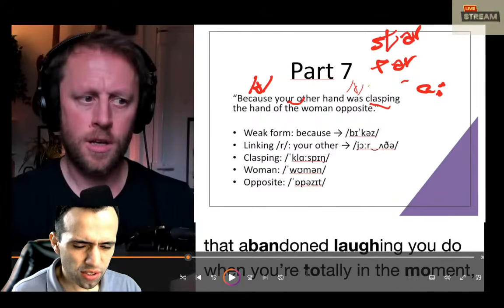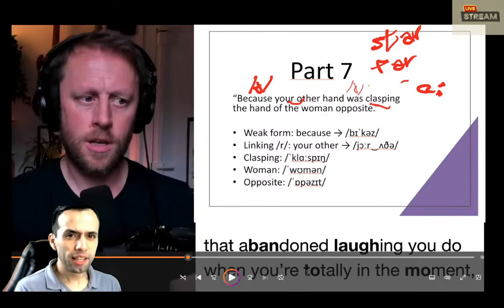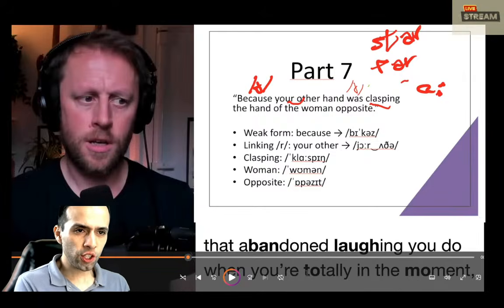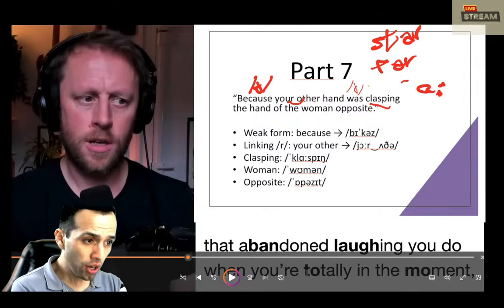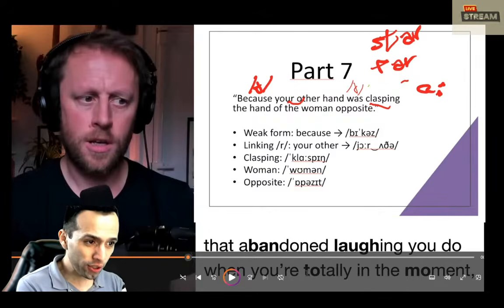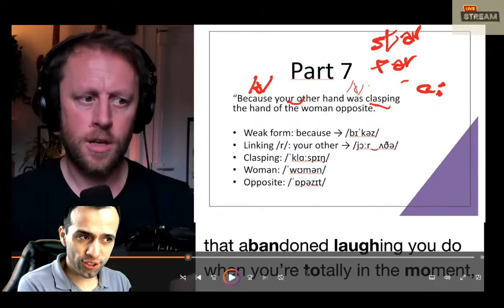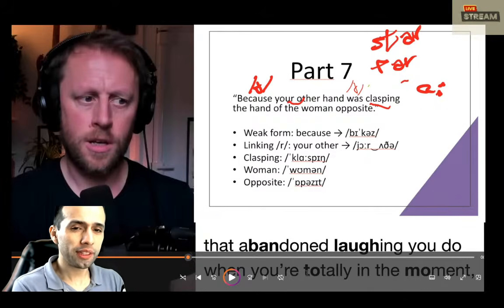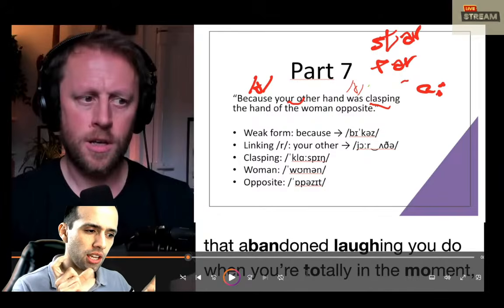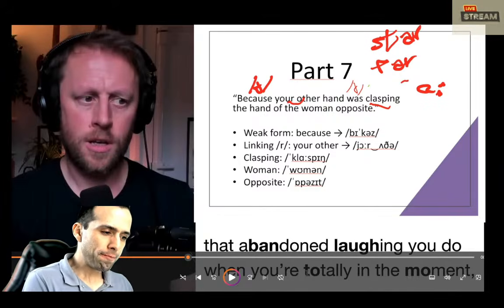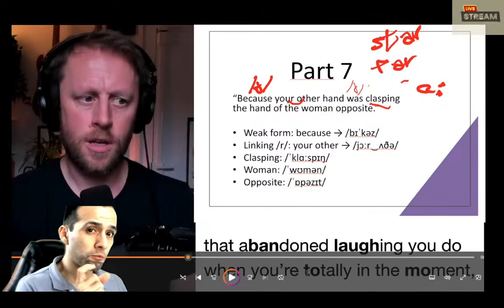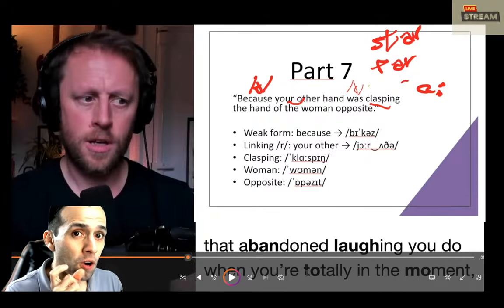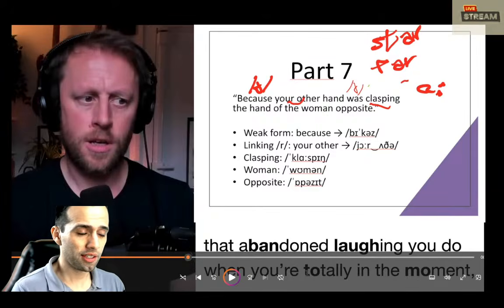Opposite, American English. Usually, one key distinction between Luke Thompson's British accent and general American English, the accent generally spoken in America, is that in words where in British English you'll say "oh," like for example want, in American English you usually get "ah," want.